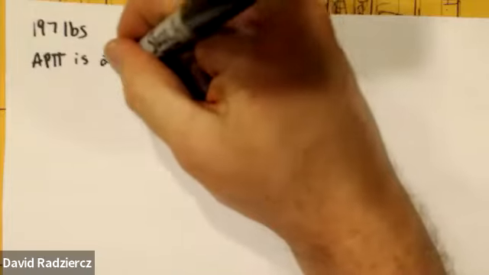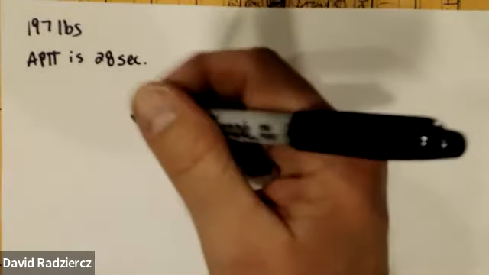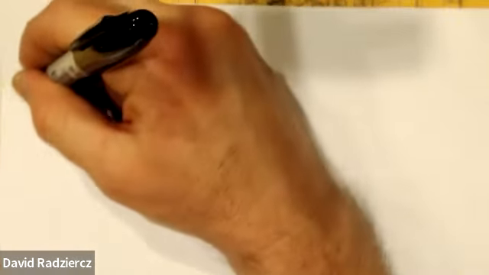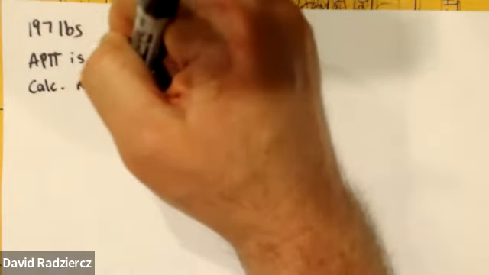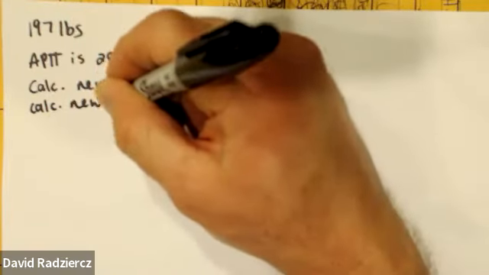Okay, just better write seconds. All right, so my question is to calculate the new bolus and then calculate the new infusion rate in milliliters per hour.